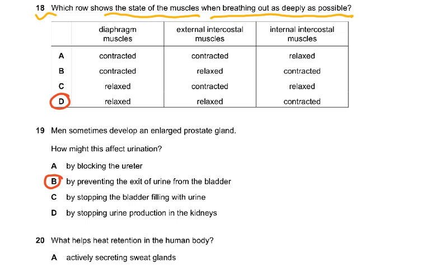External intercostal muscles are also relaxed. Only the internal intercostal muscles are contracted because you are breathing out as deeply as possible. So it's only the internal which will, of course, press on the lungs to sort of squeeze the air out of them. So this was the only one which would be in the contracted state.